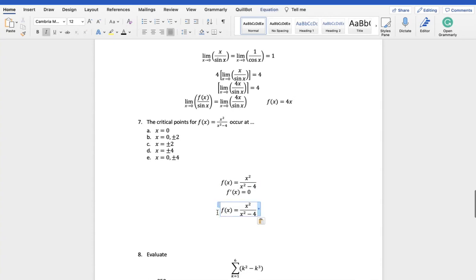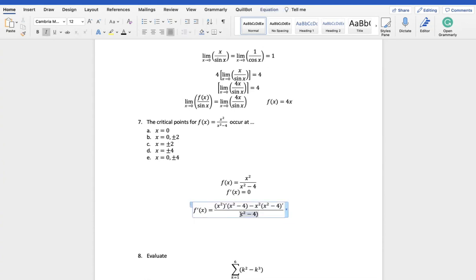So remember, when you have f of x equal to x squared over x squared minus 4, and you use the quotient rule, you take the derivative of the numerator, multiply that by the denominator, minus the numerator multiplied by the derivative of the denominator, and all of that divided by the denominator squared.